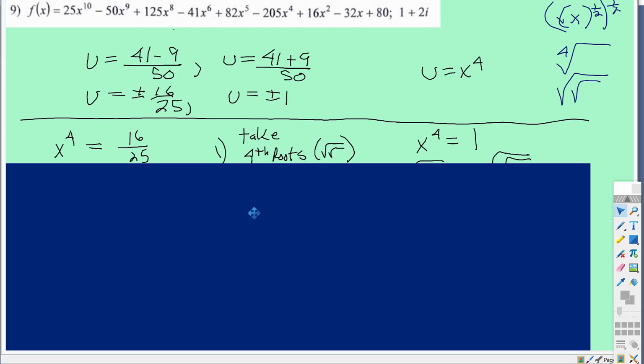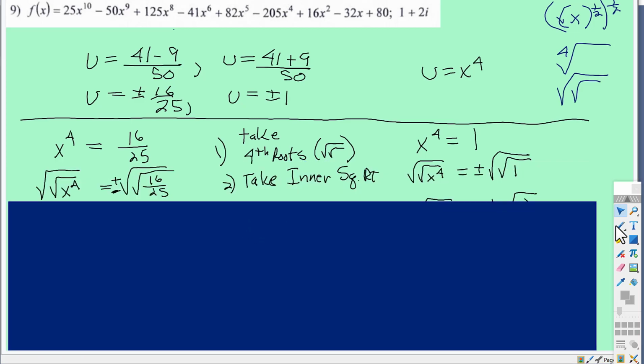So we're going to take the 4th roots of both. I'm going to take the 4th root of x to the 4th, and the positive and negative 4th roots of 16/25 and positive negative 4th roots of 1. The first thing we're going to do is take the inner square root.